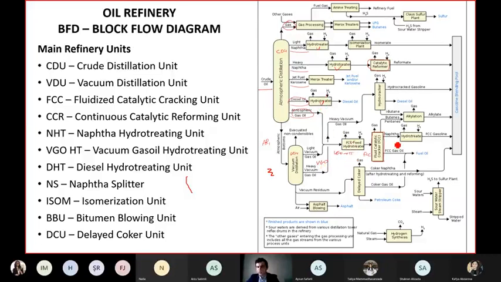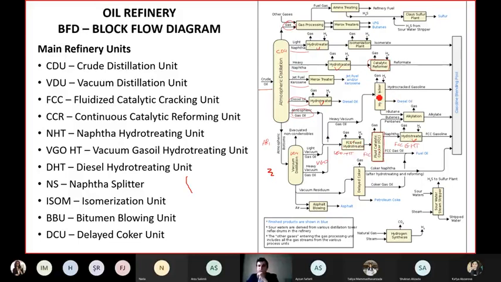We also have a hydrotreater here, which is called the FCC gasoline hydrotreater, GHT. In fact, we don't need 2 hydrotreaters here. Either we have the feed hydrotreater or we have the product hydrotreater. In general, we don't use 2 hydrotreaters, both for the feed and the product.